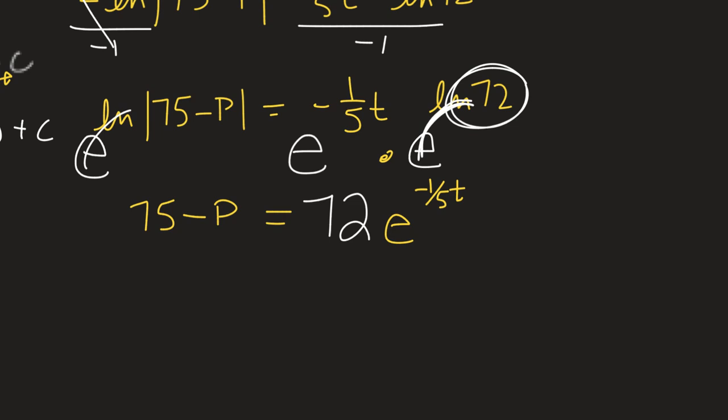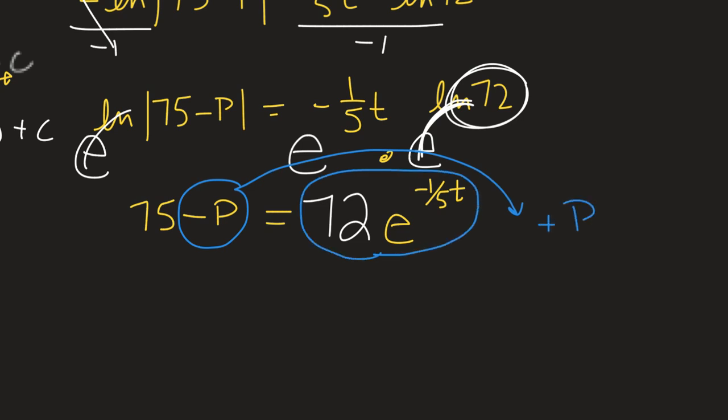Okay, in order to solve for P, I'm going to do this kind of strangely. I'm going to add my P to this side. This becomes a positive P. And I'm going to subtract all of this stuff to that side. Okay, so I have equals P now on the right, which is fine. P can be over there.